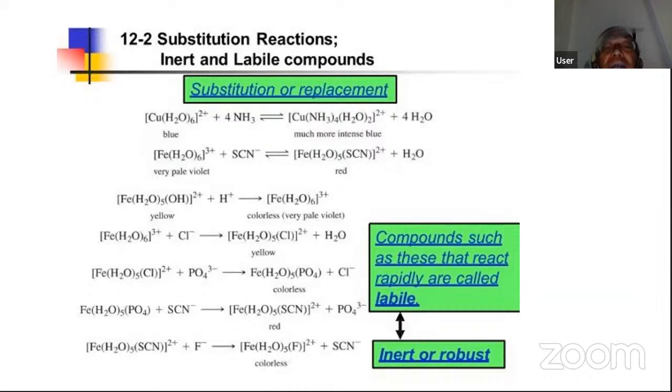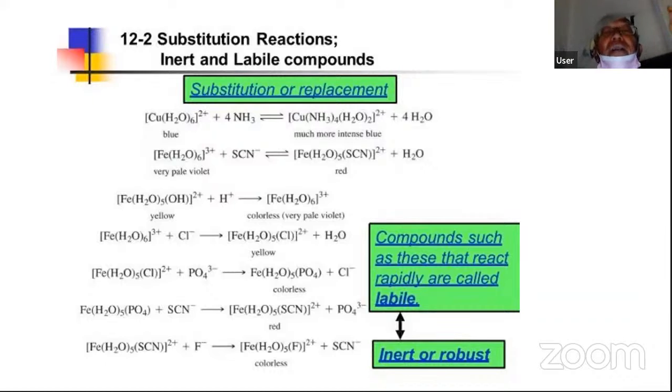With acid, it becomes colorless with 6 water molecules. So it is a very labile compound. In some cases, they are inert compounds. So please understand the terms labile and inert.